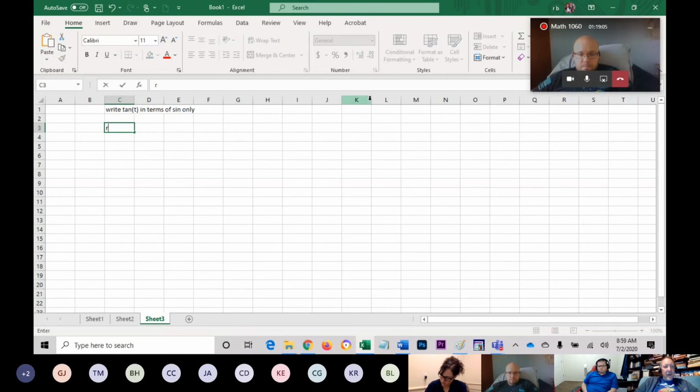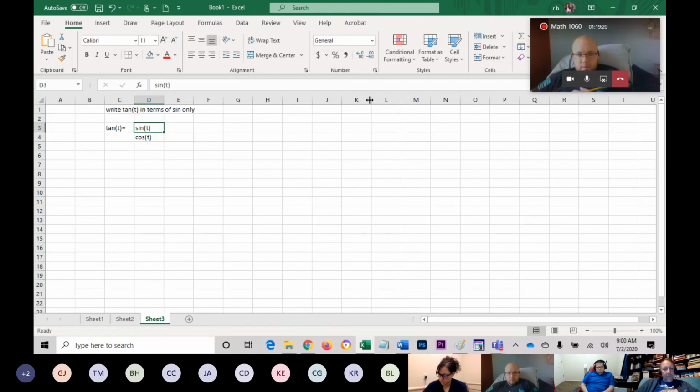Now, we know that the tangent of t equals sine of t divided by the cosine of t, because that was one of the identities I gave you, right? Okay, so I've converted the tangent of t as the sine over the cosine, but I need to get rid of the cosine now.